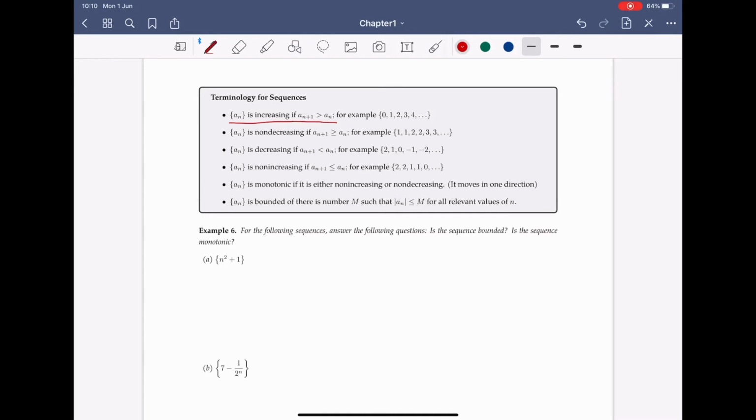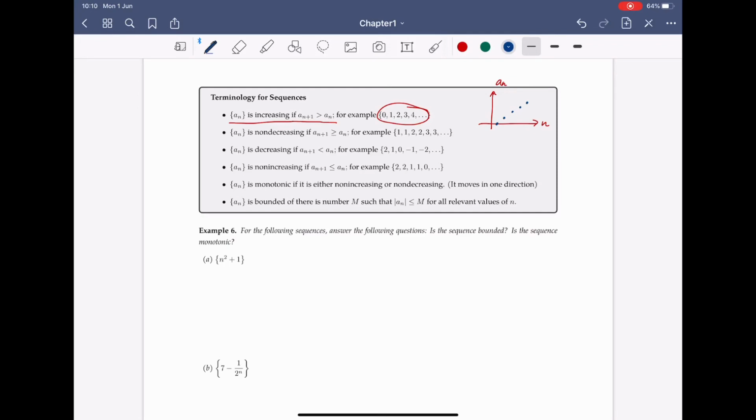If you have a hard time with the notation, you can just draw a picture. Let's suppose that you have an like this, 0, 1, 2, 3, 4. When you plot the graph, for sure this is increasing. You can see it clearly after you draw a sketch of the graph.